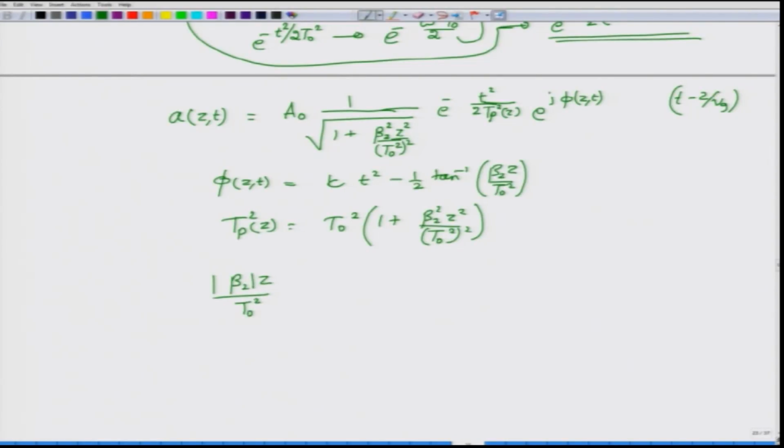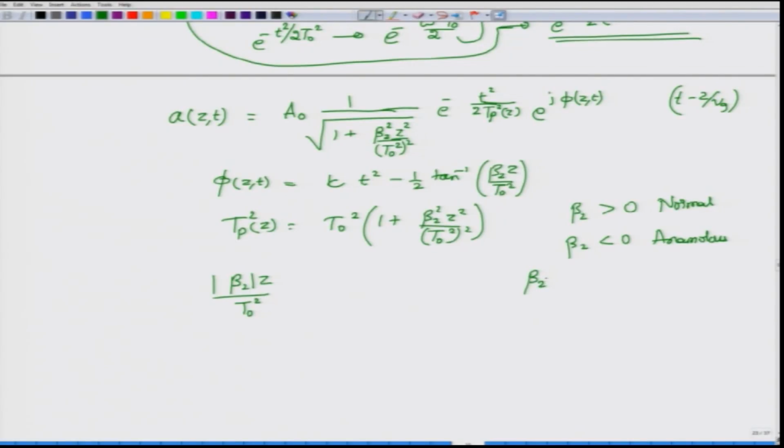Please remember t 0 is a real number, but beta 2 can have two signs. Beta 2 can be greater than 0 or less than 0. When beta 2 is greater than 0, we call this normal dispersion. When beta 2 is less than 0, we call this anomalous dispersion. Anomalous is simply the opposite of normal. The reason we call it this will come out shortly, so do not worry about that.